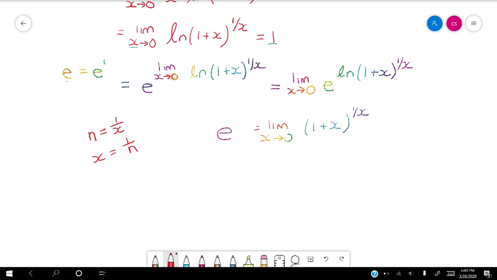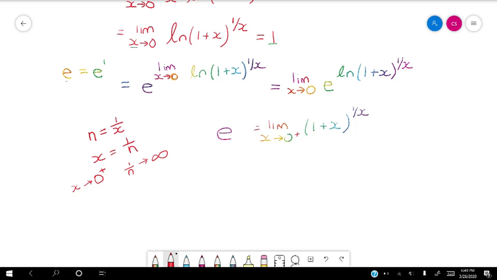Okay? And now if x is going to 0 from the right, then n is going to be going to infinity, right? Positive infinity.